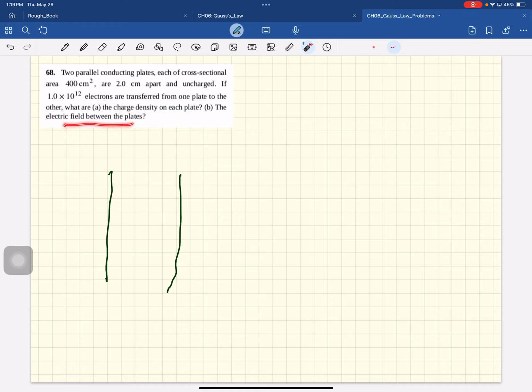The electric field between the 2 plates, okay? So the charge is n times e, and the charge here is negative n times e. So you took a trillion electrons from here and put it there.